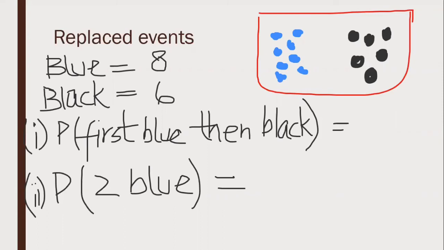You need to find out the probability that you get first a blue pebble, then a black pebble, in this order only. In order to find out this probability, you first need to identify what is the probability of getting a blue pebble out of the total number of pebbles that are present. So what is the total number of pebbles that are present? 14.